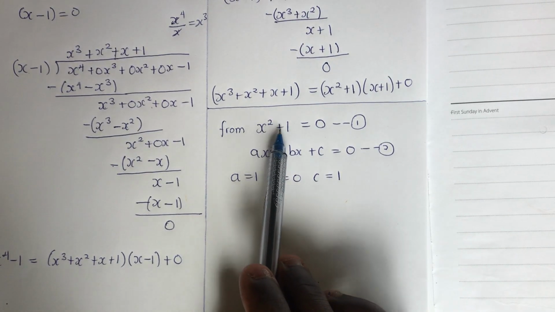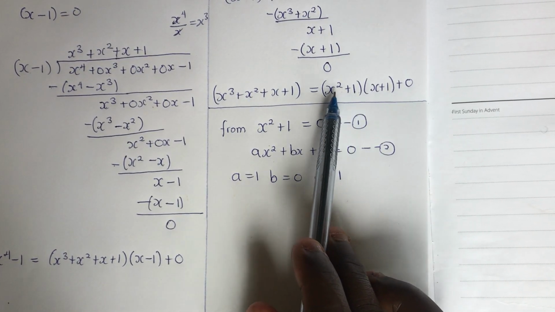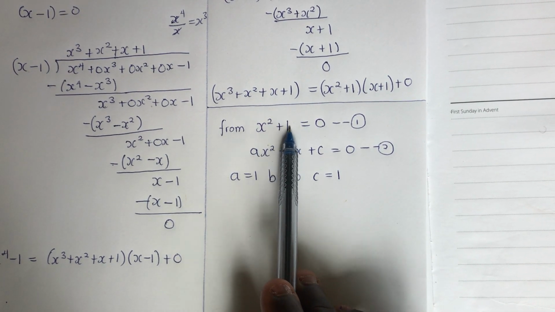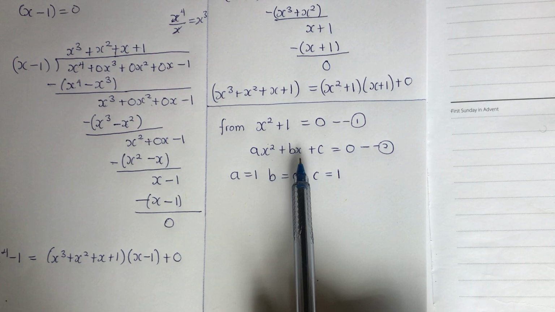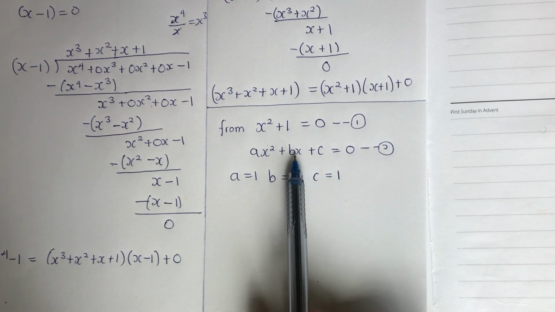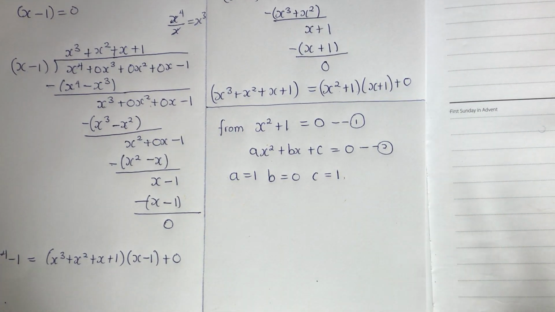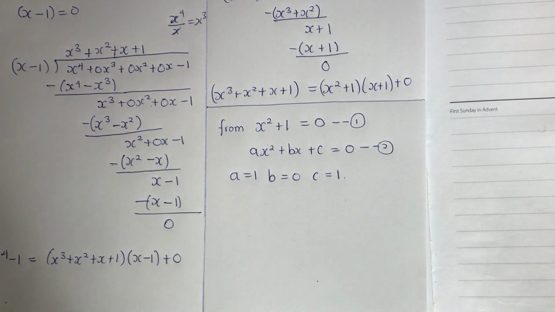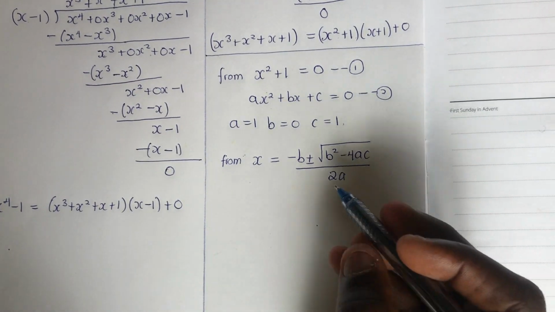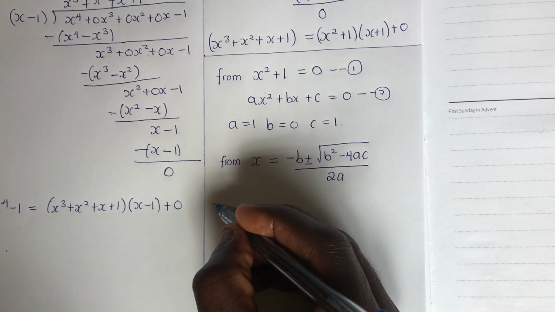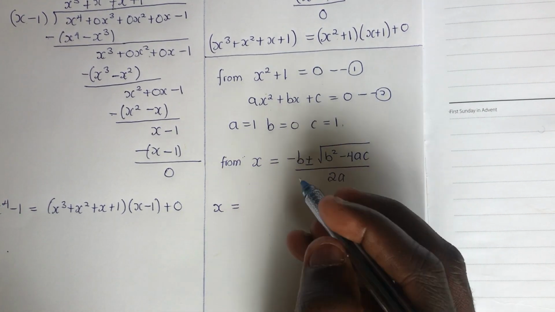So now from our new quadratic equation coming from the quotient, we have x squared plus 1 is equal to 0. I have compared it with this one. So a is 1, b term is not there, it is 0, and c is equal to 1. So we can use the quadratic formula to complete the calculation. Now let's input the values into the formula. We have x is equal to minus b, b is 0.